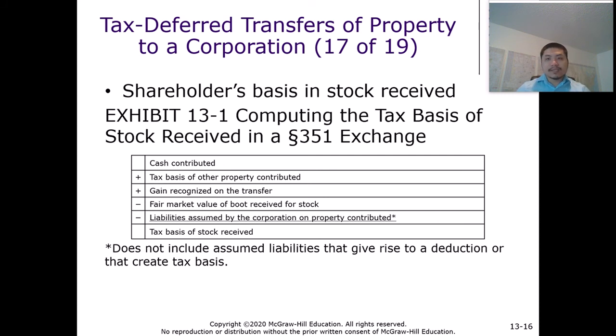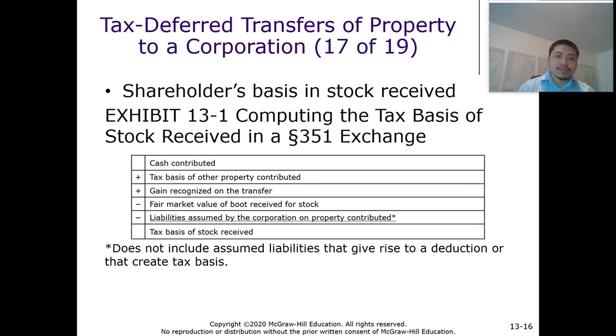But that is like a pure transaction, like I mentioned before, when someone transfers a piece of land, transfers properties, and in exchange the shareholder is going to receive some stock, right? But as we discussed earlier, that is not usually the only case that happens, right? There are other cases where the shareholder is going to receive boot, right?